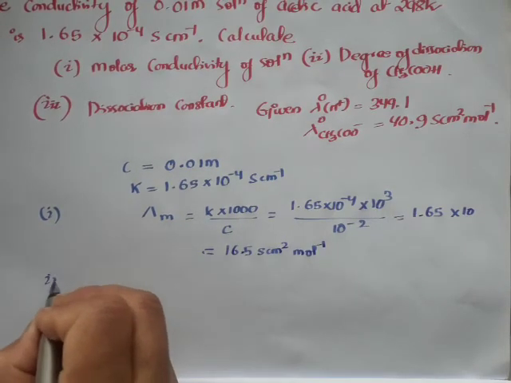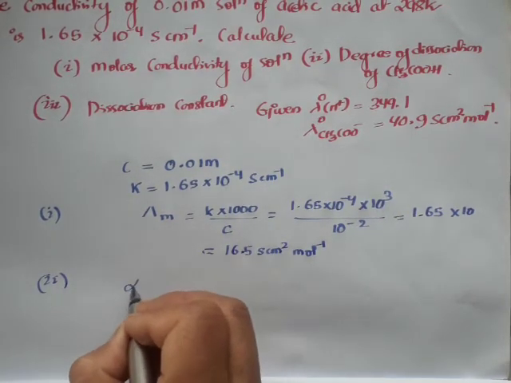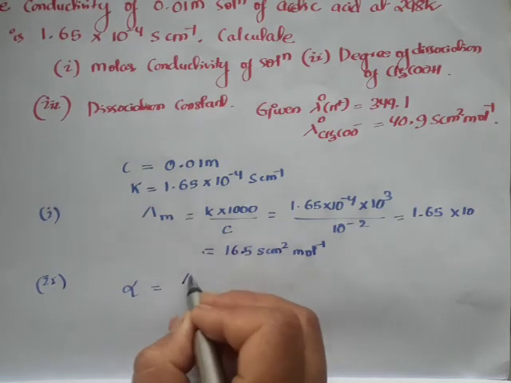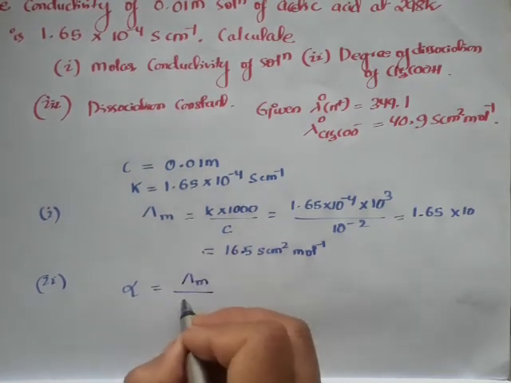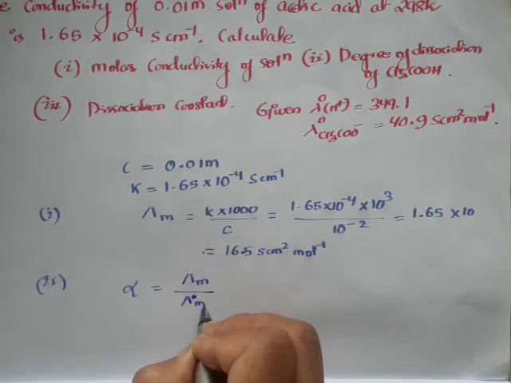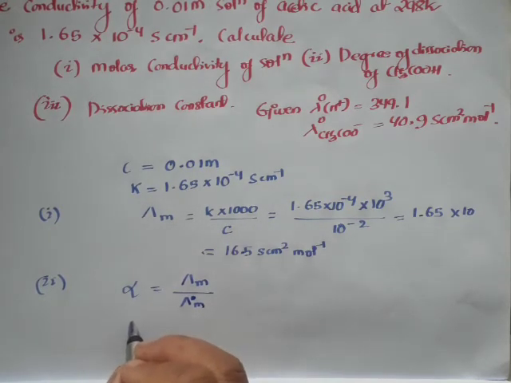Now second, you need to calculate the degree of dissociation. It is lambda m at any concentration divided by lambda naught m, the limiting molar conductivity. How do we calculate the limiting molar conductivity of acetic acid?